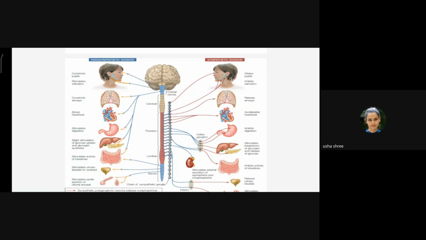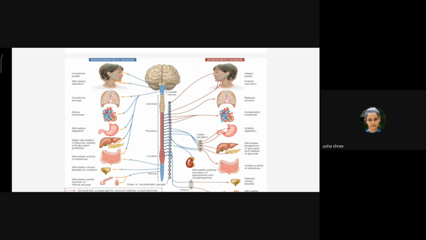It constricts airways and slows the heartbeat. Yes, the heartbeat will slow down. It stimulates digestion, with slight stimulation of glucose uptake and glycogen synthesis. Okay, opposite of sympathetic, glycogen synthesis is stimulated, and it stimulates activity of the intestine.